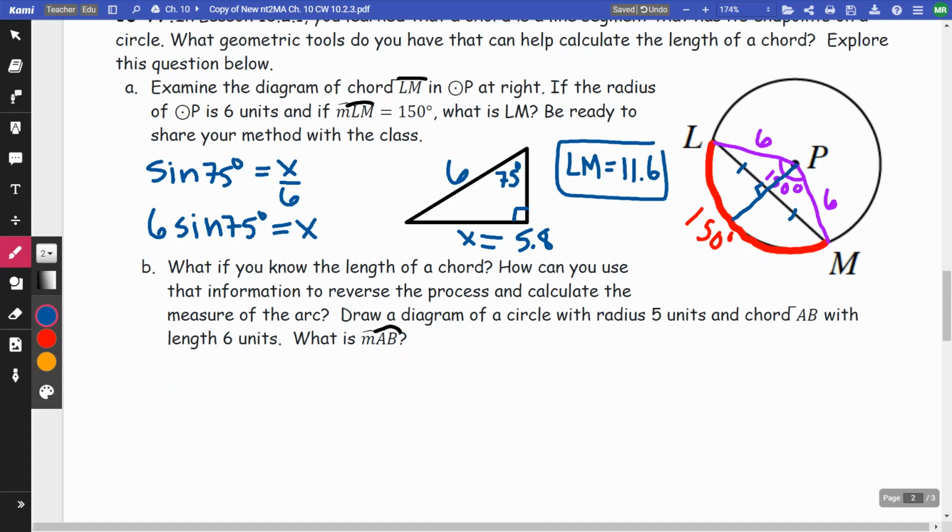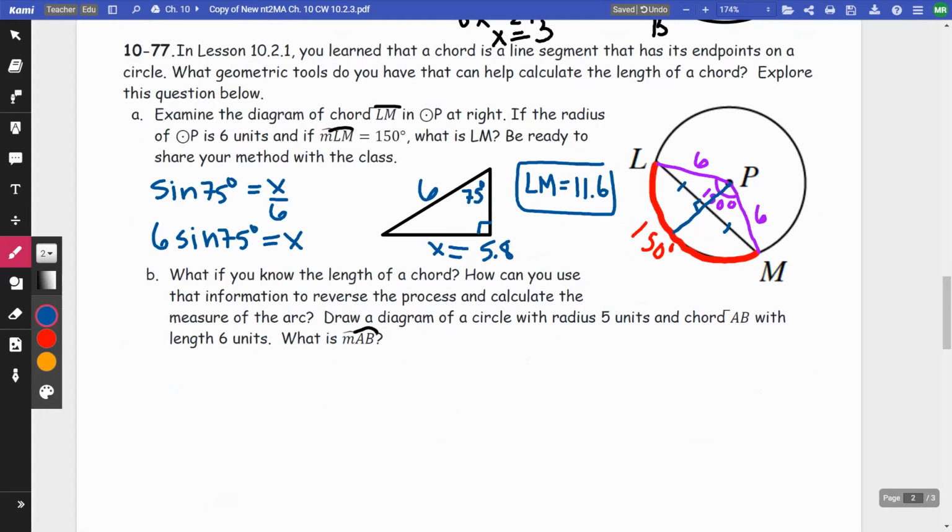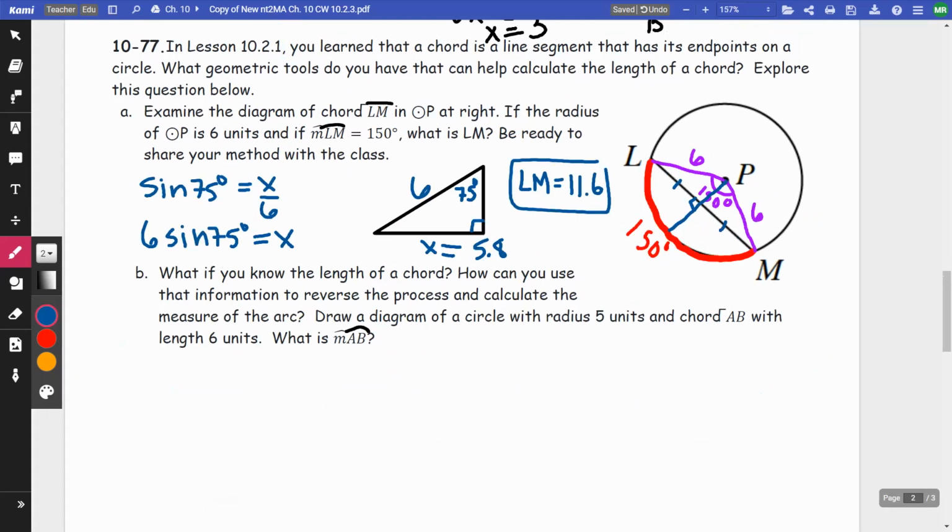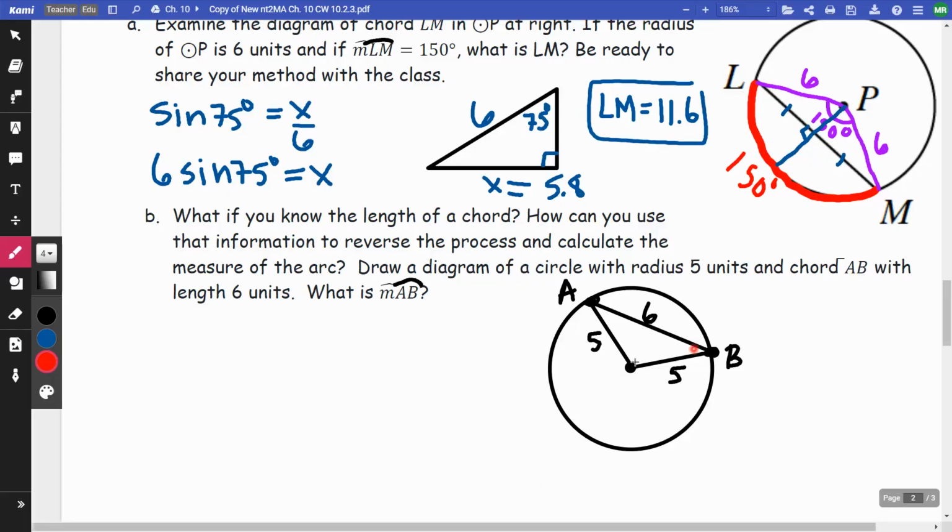What if you know the length of the chord? How can you use this information to reverse the process and calculate the measure of the arc? Draw a diagram of a circle with a radius of 5 units and a chord AB with a length of 6, and we want to find the angle measure. So I drew the picture.